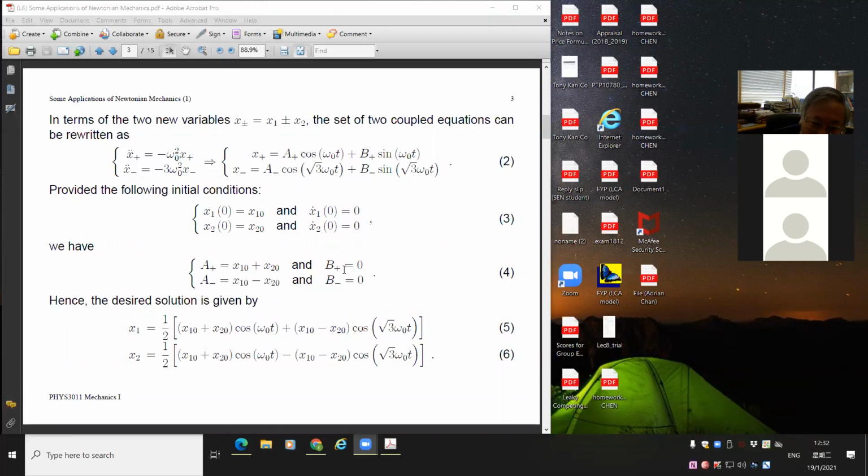So in order to satisfy these 2 initial conditions, we have to force b plus equal to 0, b minus equal to 0. Once we get these constants, our desired solution comes out immediately. x1 is given by this, x2 is given by this. We just reverse the relations here.